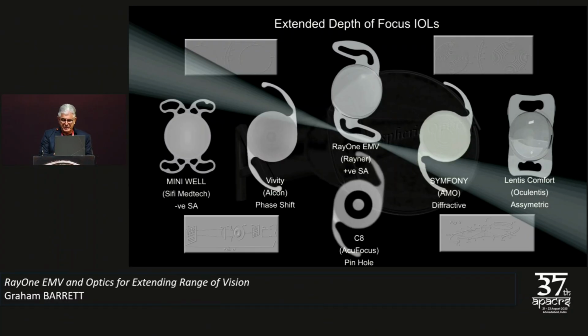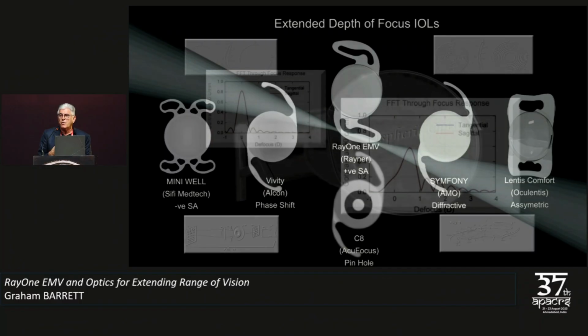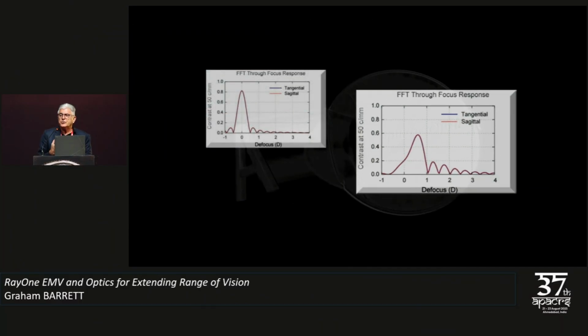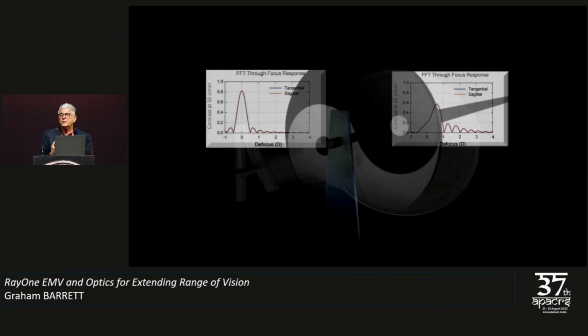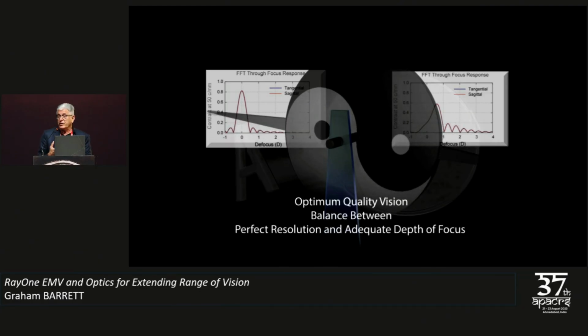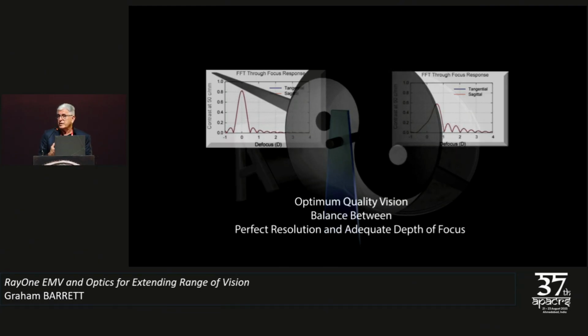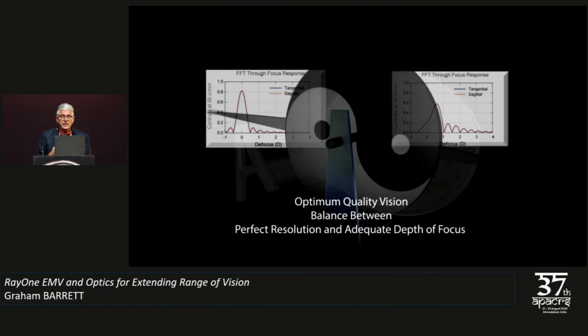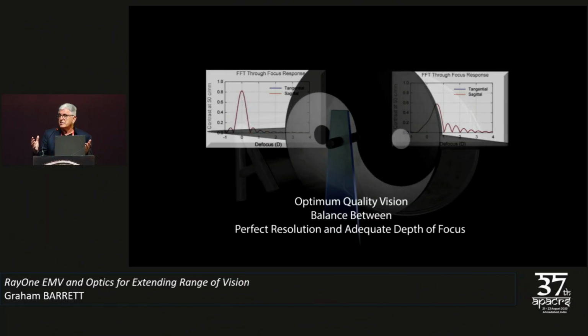Now, there's several reasons, and the first one is the initial concept was, what is perfect vision? Perfect vision really is a balance of good resolution, but also adequate depth of focus. And when I looked at the optics and what you could do with optics, I felt that positive spherical aberration was the best principle to achieve the same.